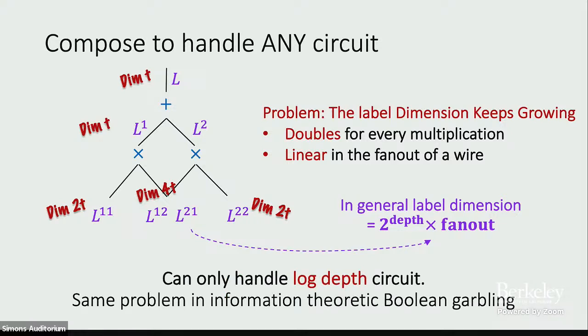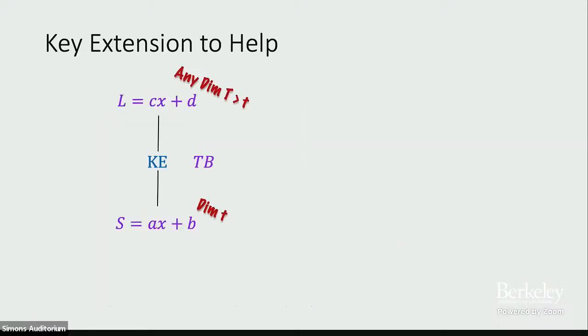If you think about this, it is the same problem as in information-theoretic Boolean garbling. Okay? So how can we get around this? Well, the idea is to have something that shrinks the key down. In Boolean garbling, the use of the PRG serves exactly this purpose. So in this case, I want a new gadget, key extension, which takes a short key for input element X and produces a much longer label for the same element.